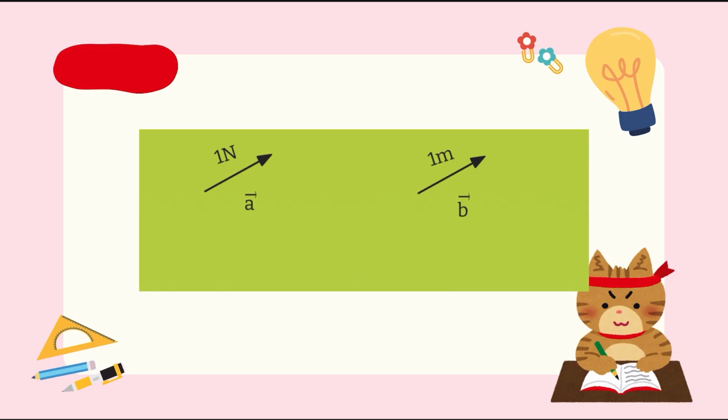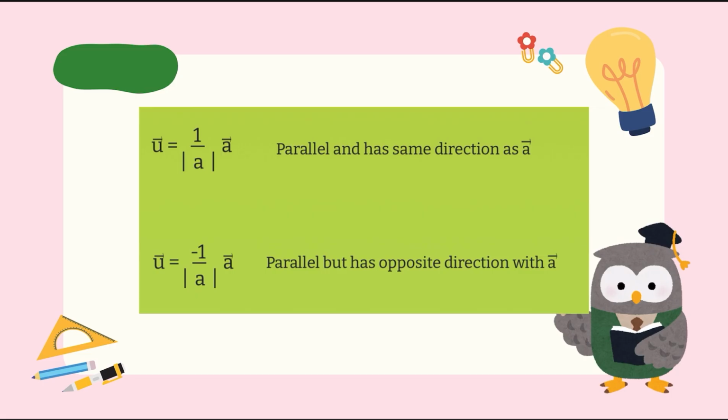So let's do some further research. How can we get a unit vector? For example, if the vector a is not a unit vector, let's say it can be any vector except a unit vector, so the magnitude of a is not equal to 1.